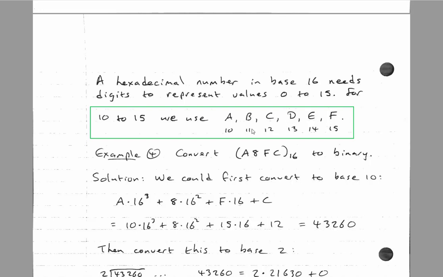So if you write a hexadecimal number, it can use the digits 0 through 9, but also it could have these letters showing up.